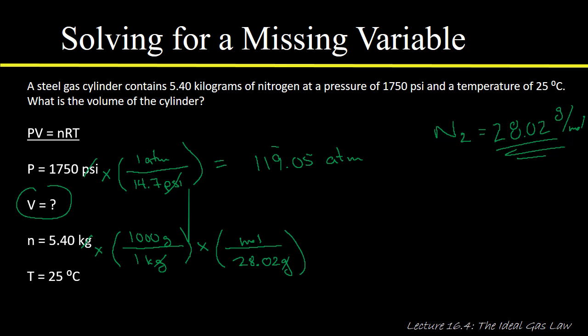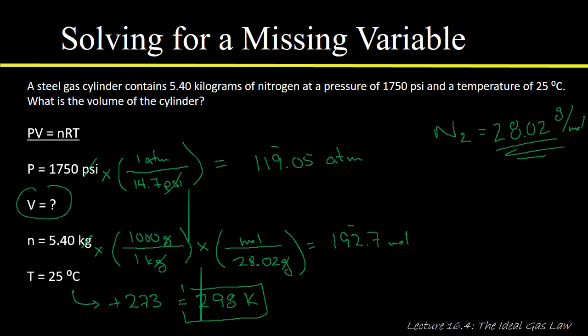Our grams cancel, and we're left with, let's see, 192.7 moles, which we probably want to round to 3 significant figures. We call that 193. And temperature, we need to put this into kelvins, so we will add 273, and that gives us 298 Kelvin.